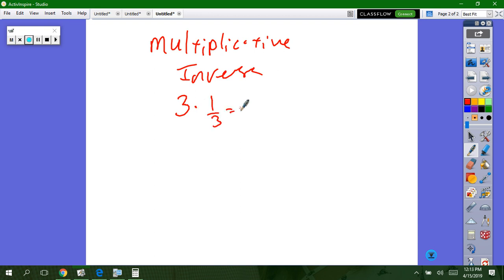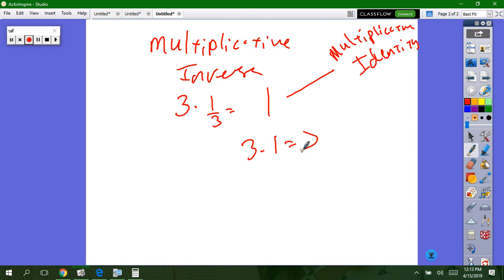It will become my multiplicative identity. And that means if I went 3 times 1, I would get 3, right? Is everybody there with me?